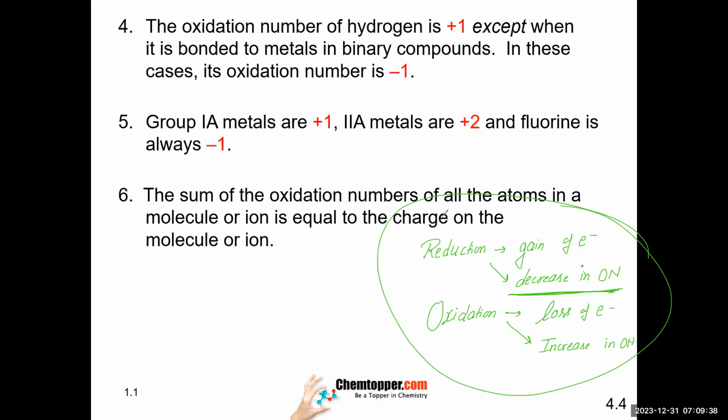And now I will give you some half reactions. A half reaction is either oxidation or reduction. We have to identify whether this reaction is oxidation or reduction. Ready? Ready for the question, children? Can I erase this?